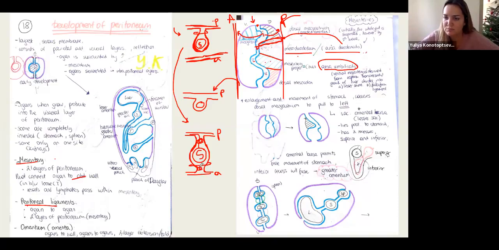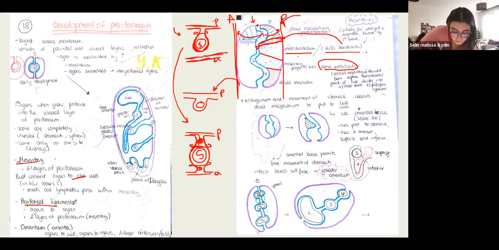Because it is connecting between stomach and liver. If this is your spleen, you can see that there is still visceral mesoderm. And this visceral mesoderm has two layers, right? 1, 2. And it is connecting your stomach to the spleen. So this is your gastrosplenic ligament.